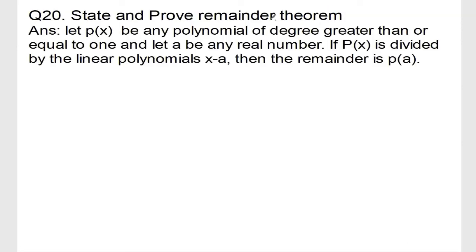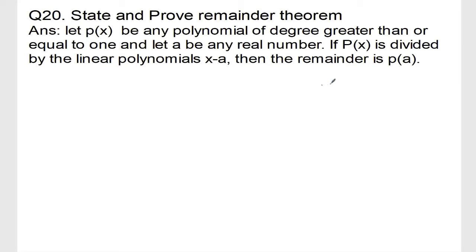State and prove the remainder theorem. The statement I have written down here: let p(x) be any polynomial of degree greater than or equal to 1, and let a be any real number. If p(x) is divided by the linear polynomial x minus a, then the remainder is p(a).